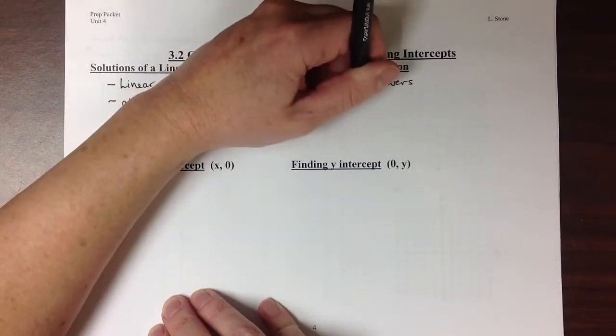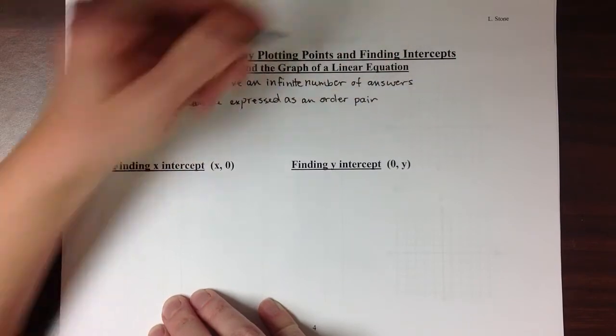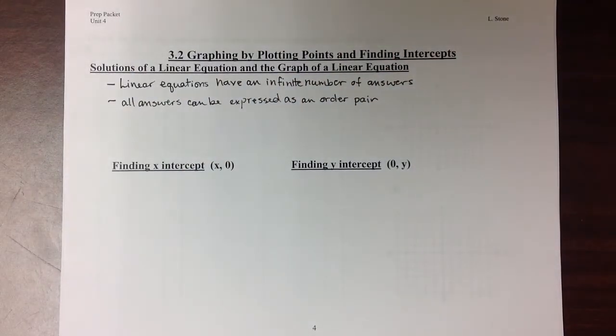So while each individual answer could be expressed as an ordered pair, it's not possible to express every answer, since even if you found the values for y when x was 1, 2, 3, 4, and 5, but what about 1 1/2? What about 1 1/10? What about 1 1/100th? It's not possible to name every possible answer they could be.